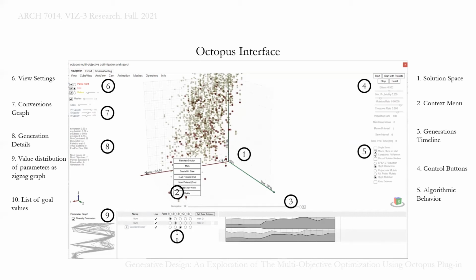Number 8 is the generation details, how long it took to generate a specific generation. Number 9 is the value distribution of parameters as a zigzag graph, so it's basically the parameter graph. And then number 10, here at the bottom, is the list of goal values.